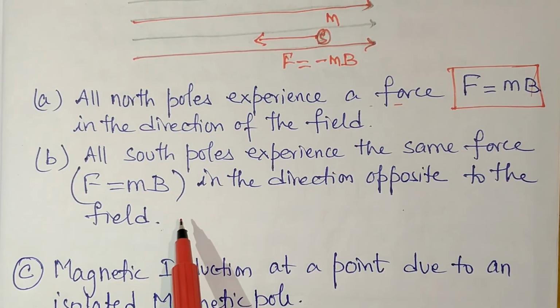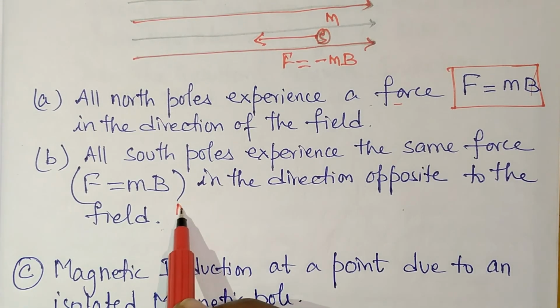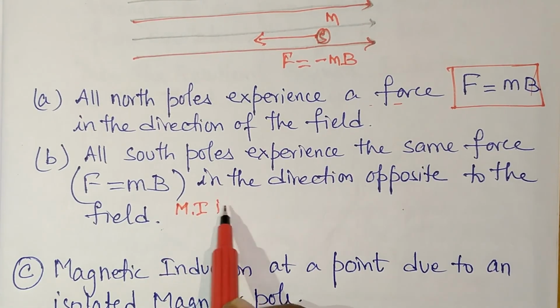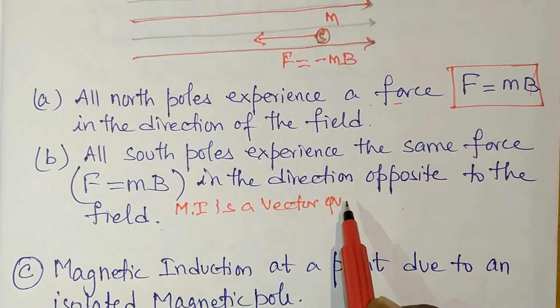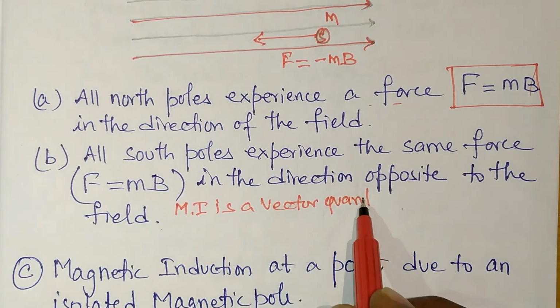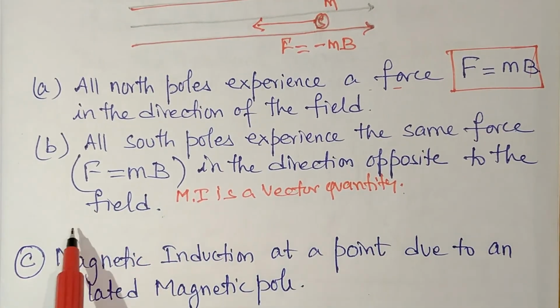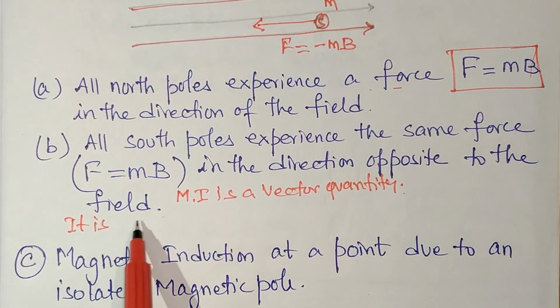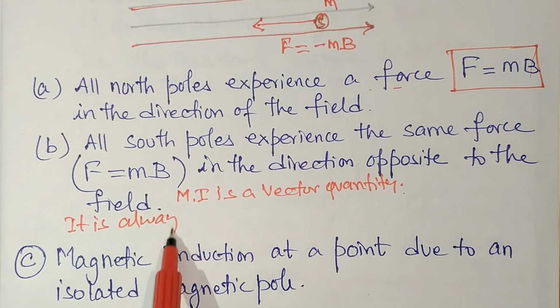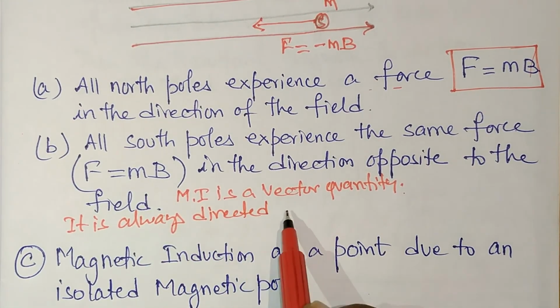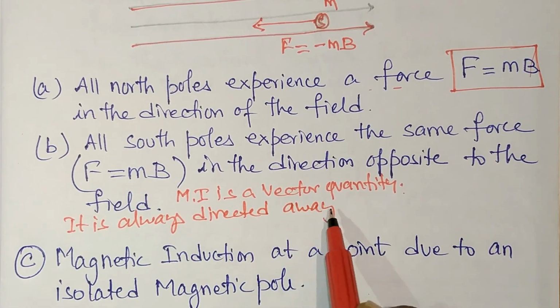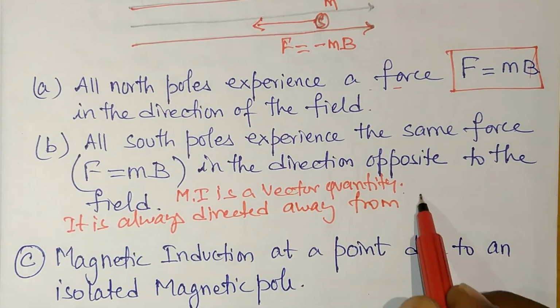Therefore, what can we conclude? We can conclude that magnetic induction is a vector quantity. It is always directed away from the north pole.